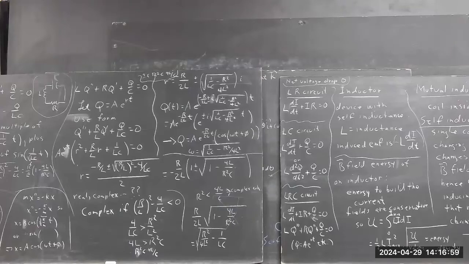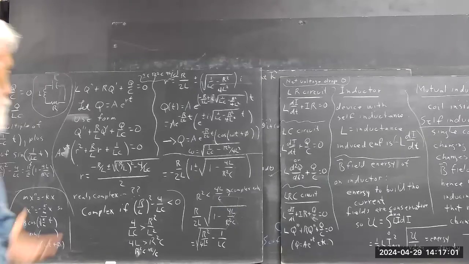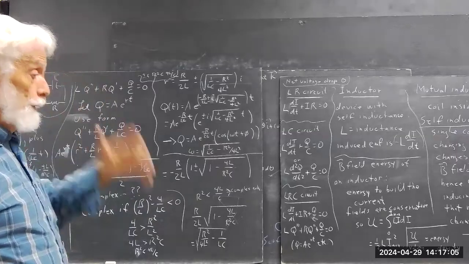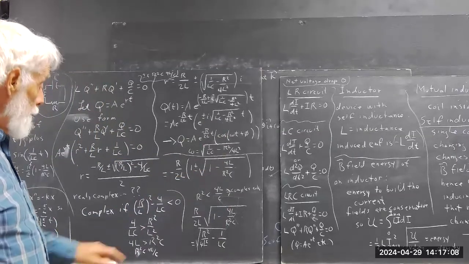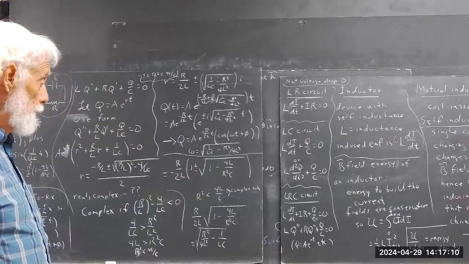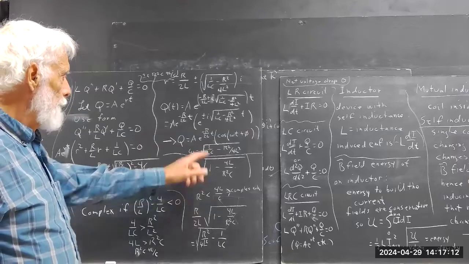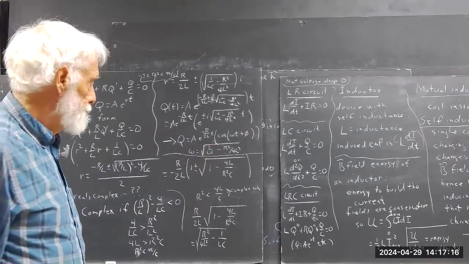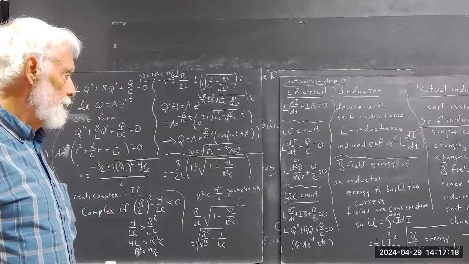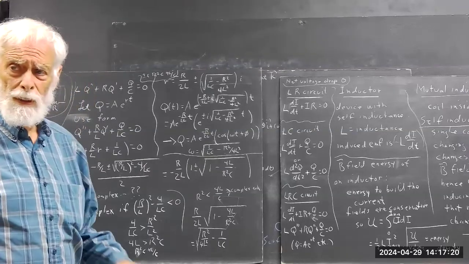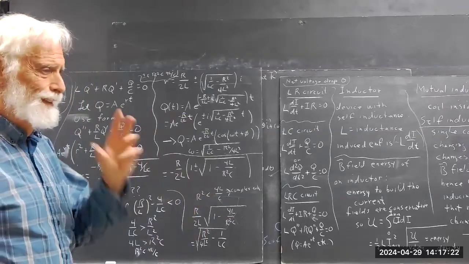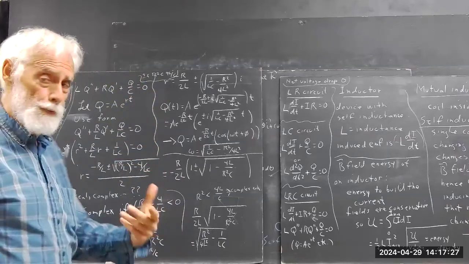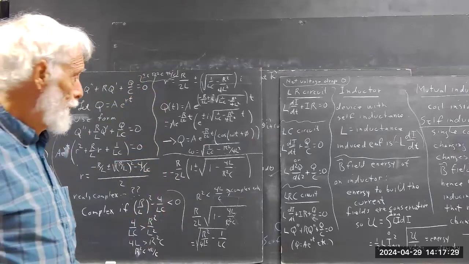Now, differential equations is not required of you. You can bypass this; you just memorize that if R squared is less than 4L over C, or just memorize this expression here. I find it easier to derive than memorize, but given that my algebra skills get a little careless, I don't know if that's any longer true.